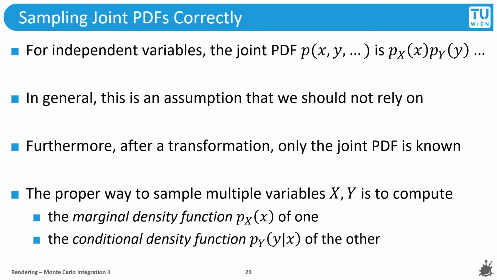But the steps we need to perform on them afterwards are the same as before. Integrate them, invert the indefinite integrals, and use them for sampling. If we do this, it basically equates to a procedure where we first sample one of the random variables and then sample the other, because the second variable sampling might depend on what was returned for the first, hence conditional.